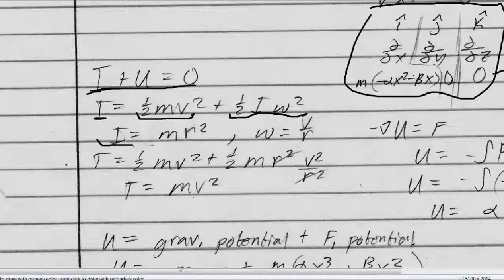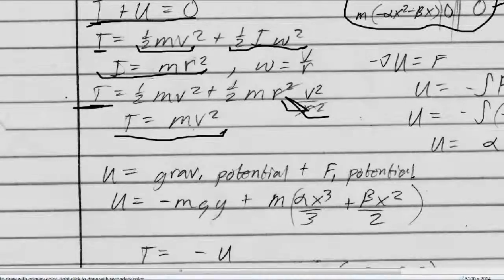The moment of inertia for the tire is mr squared, and omega is the velocity over the radius of the object. So if we plug that into the kinetic energy formula, we get that the kinetic energy portion is mv squared, because some stuff cancels.